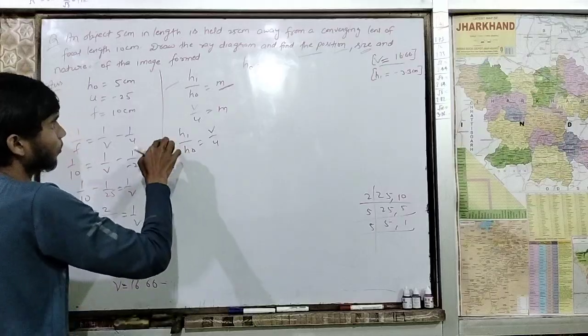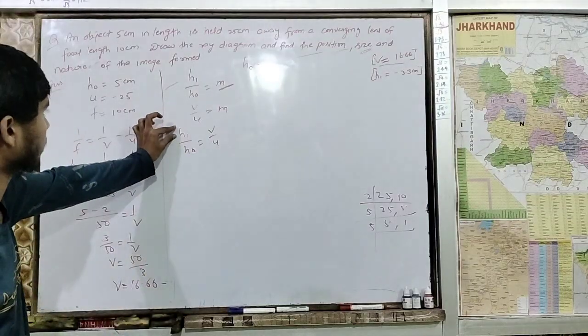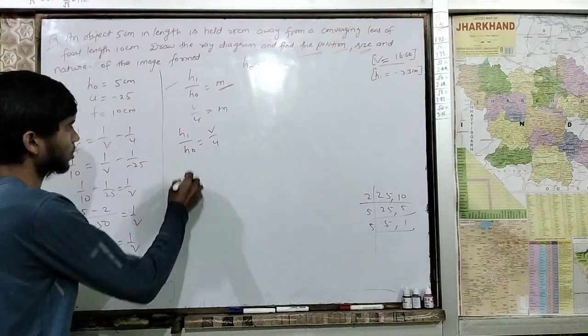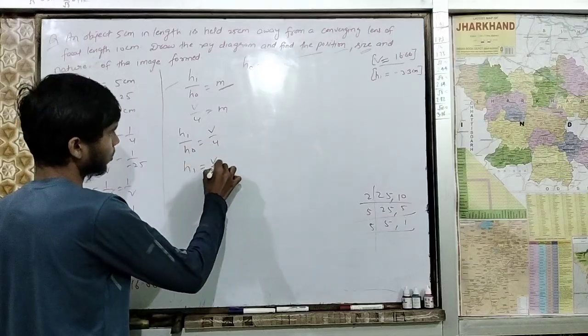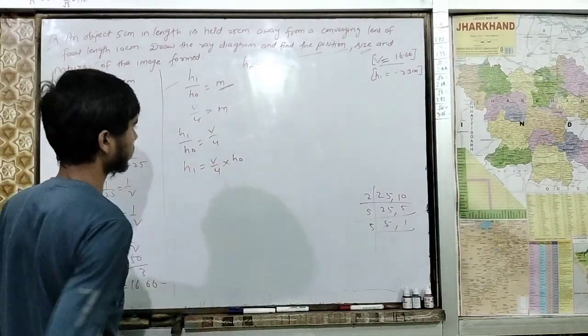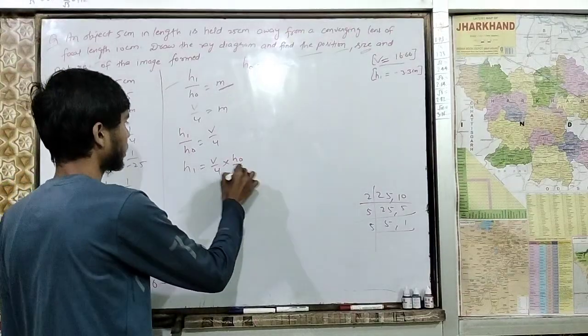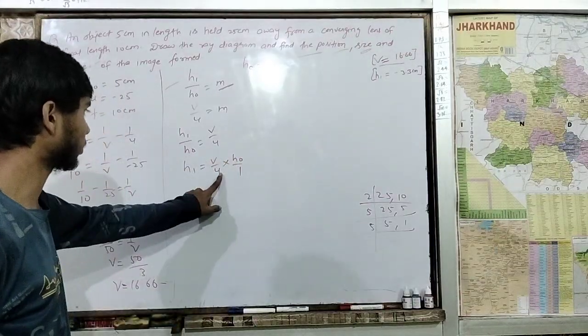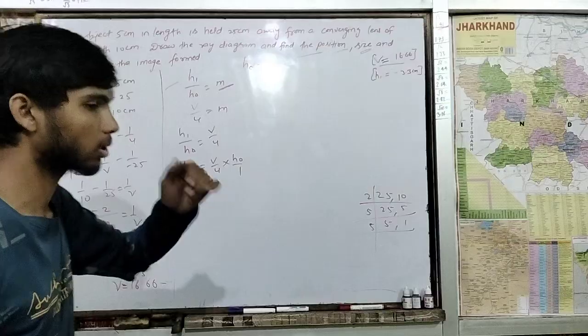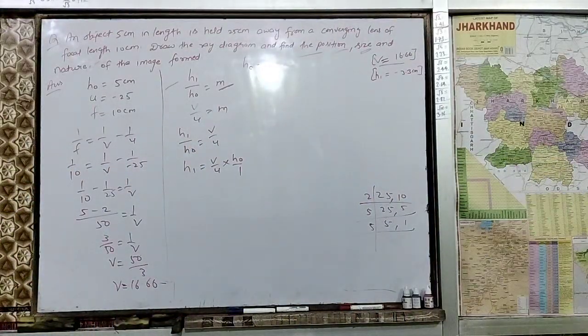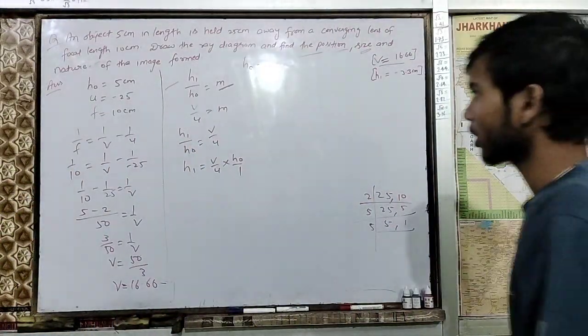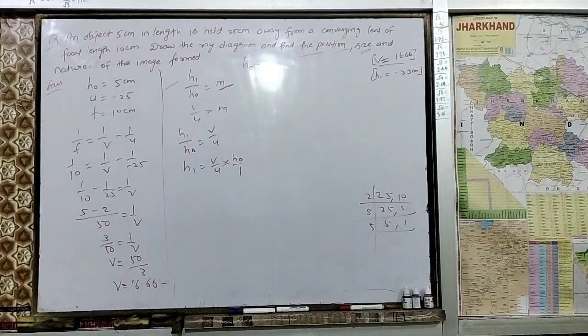Now here we want to get this hi. So hi is v upon u multiplied by ho. This is what is happening. Now try to understand. We have a value of v, a value of u, and we also have a value of ho. Till here you can see how it came.